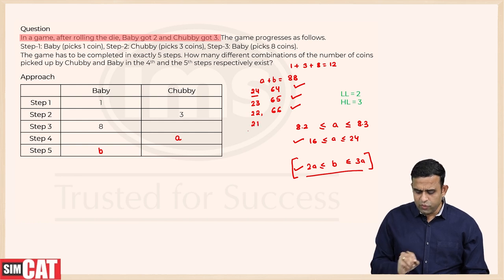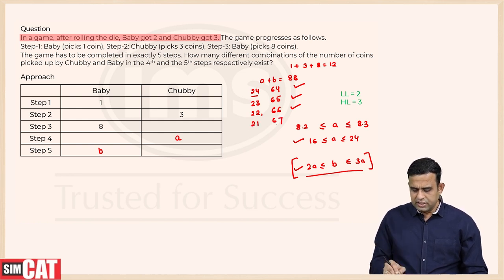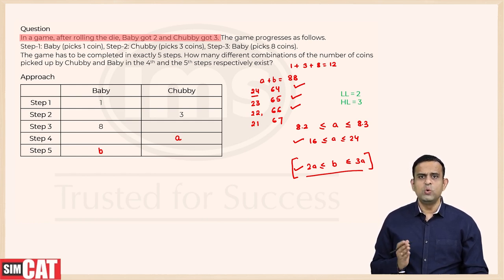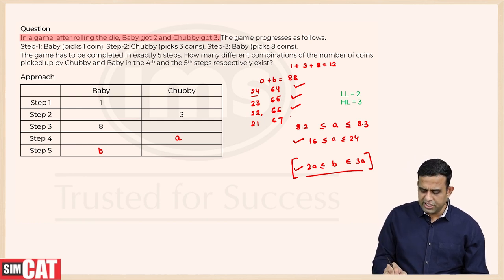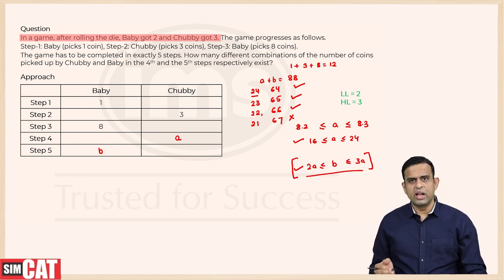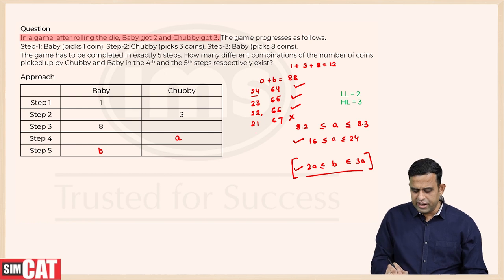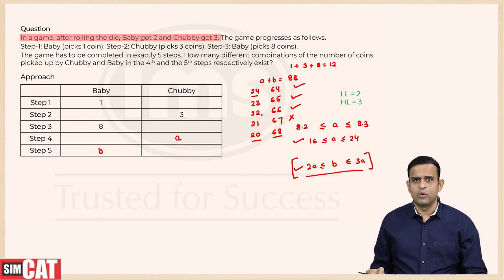But if I take the value of A as 21 and the value of B as 67, now the value of B should be between 42 and 63, but B is beyond 3A, and hence this case can be ruled out. So any further case I take, like 20 and let's say 68, since this value can go up to at most 60, cannot be taken over here.